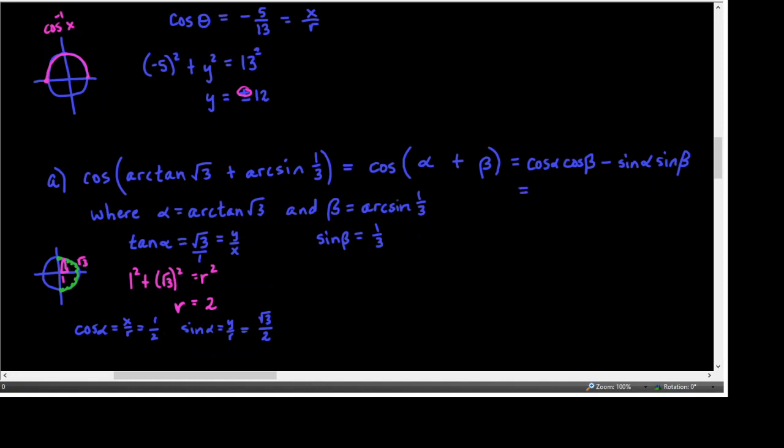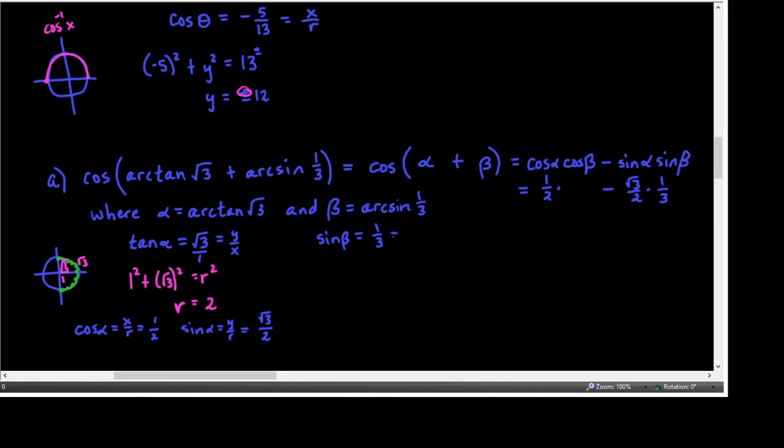I guess I can go ahead and substitute them in. I just don't know everything else yet. So 1/2 times something I don't know yet, minus square root of 3 over 2 times something I don't know yet. Actually, I do know that one. If you look at the work we've done, sine of beta is 1/3. So I'll just go ahead and substitute that in. So all we really need to do for this one is find out what cosine of beta is.